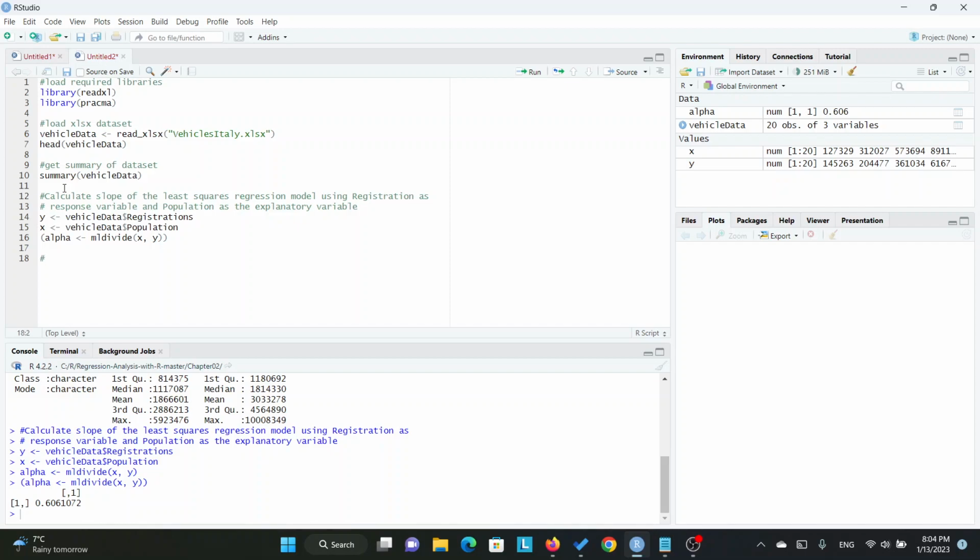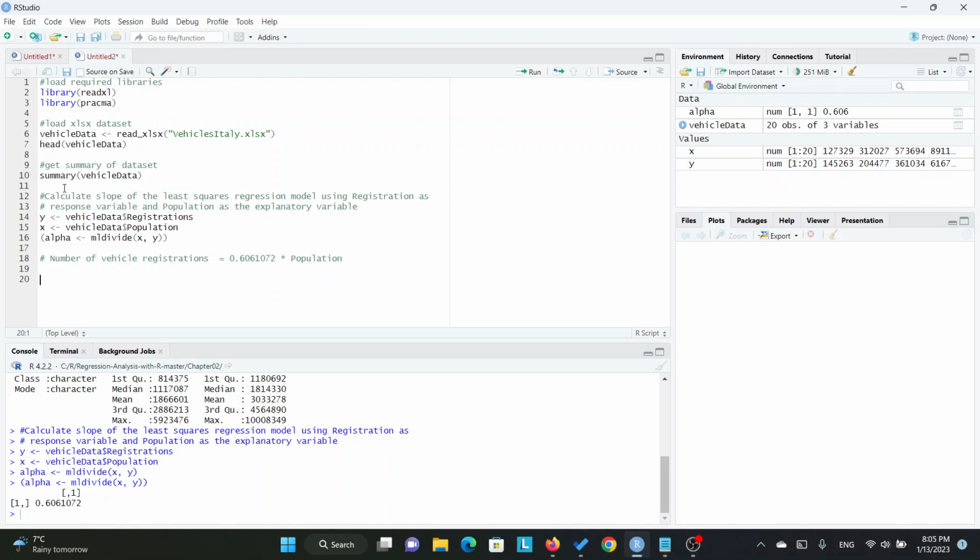At this point, we can say that our model looks something like this: the number of vehicle registrations is going to be equal to 0.6061072 times the total population. There you go. According to the slope we got, this is how our model looks right now.